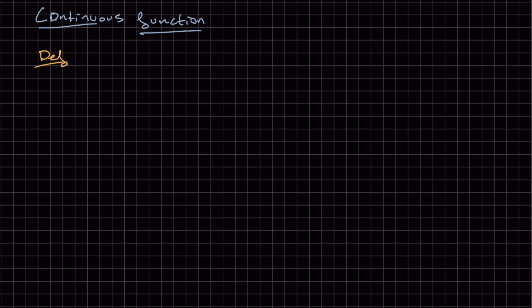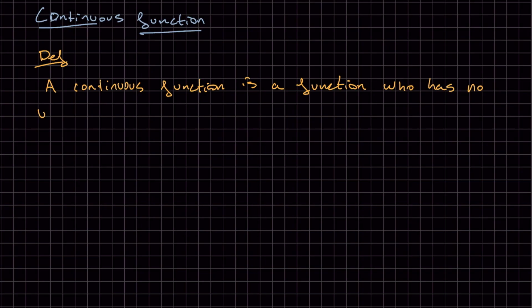So what is the definition? Well, we have our definition here, and the definition of a continuous function is: a continuous function is a function who has no holes, no jumps, and no vertical asymptotes.